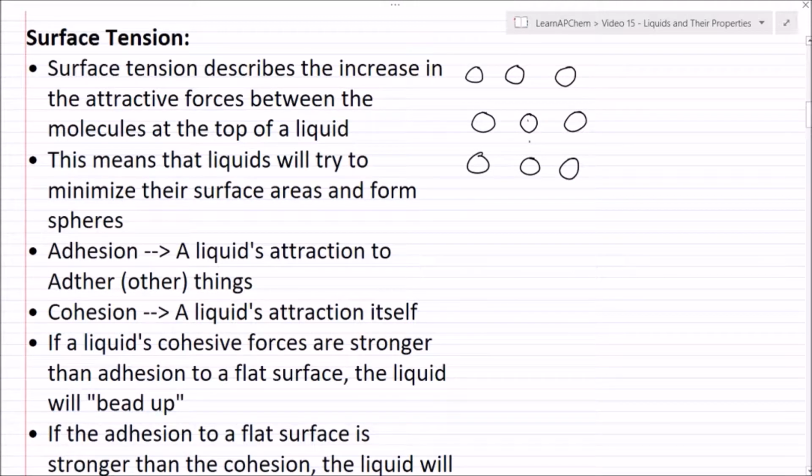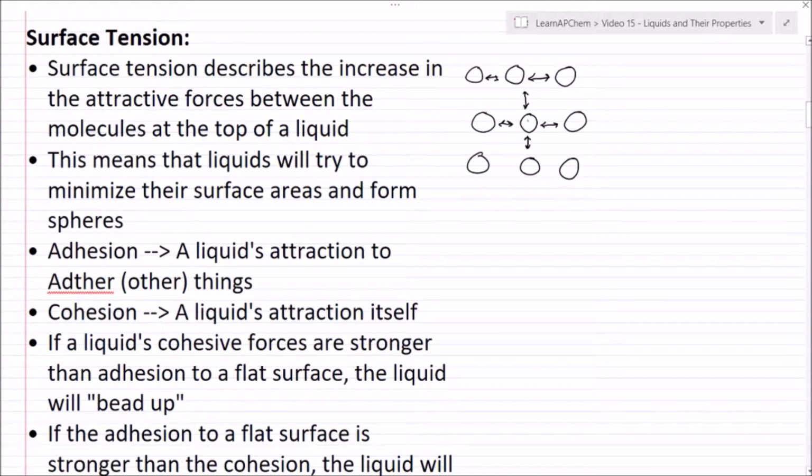This center molecule here is being attracted by four other molecules. But these ones at the top are only being attracted by 3. And so these here are going to be stronger. So that's the concept of surface tension.